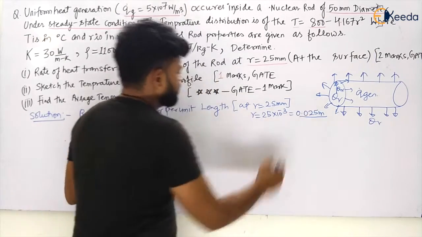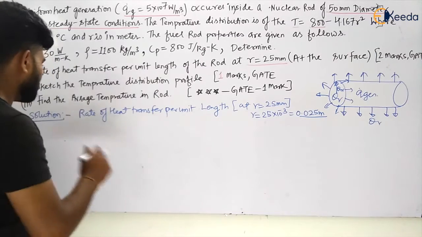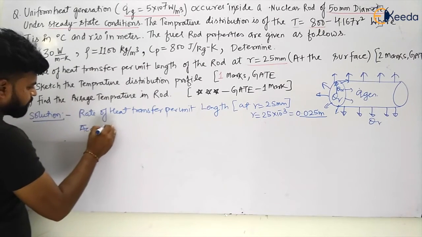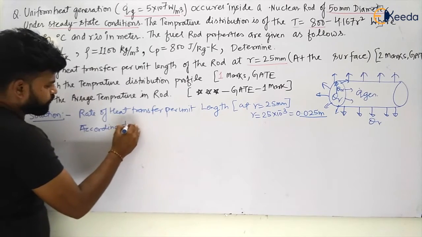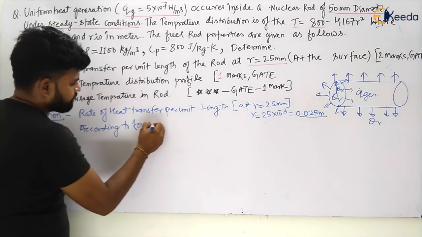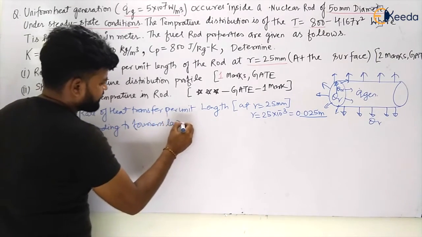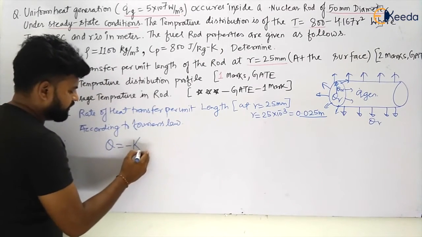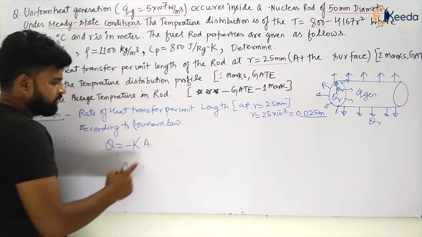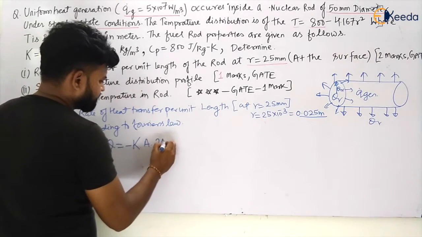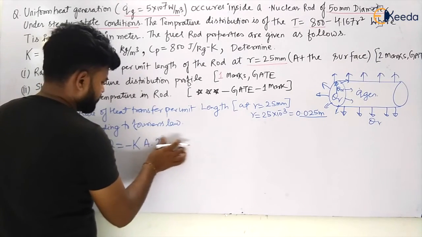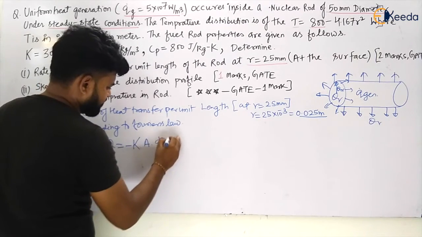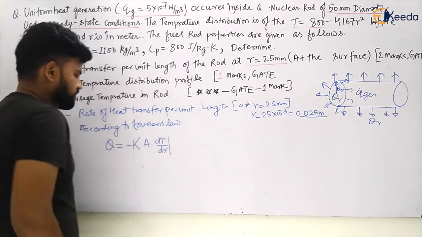So the heat transfer is given by Fourier's law. According to Fourier's law, what is the heat transfer, my dear students? Heat transfer is equal to minus K, the conductivity, multiplied by area, multiplied by dT by dr, because there is heat transfer in the radial direction.